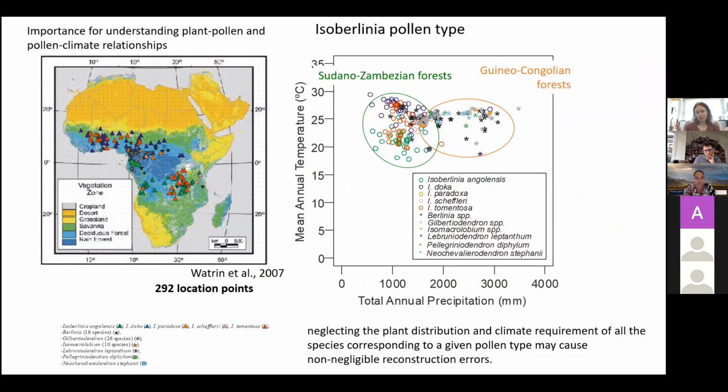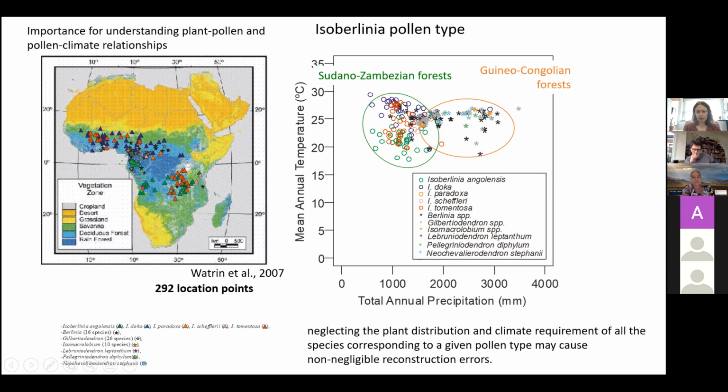The reason that it's important to harmonize or standardize pollen taxon names is that within many regions today, in the example of Isoberlinia, you can find genera of plants that co-occur with Isoberlinia, but that don't actually grow within the same temperature space. This is a couple of figures from a 2007 paper that did this assessment, with mean annual precipitation along the y-axis and mean annual temperature along the x-axis.